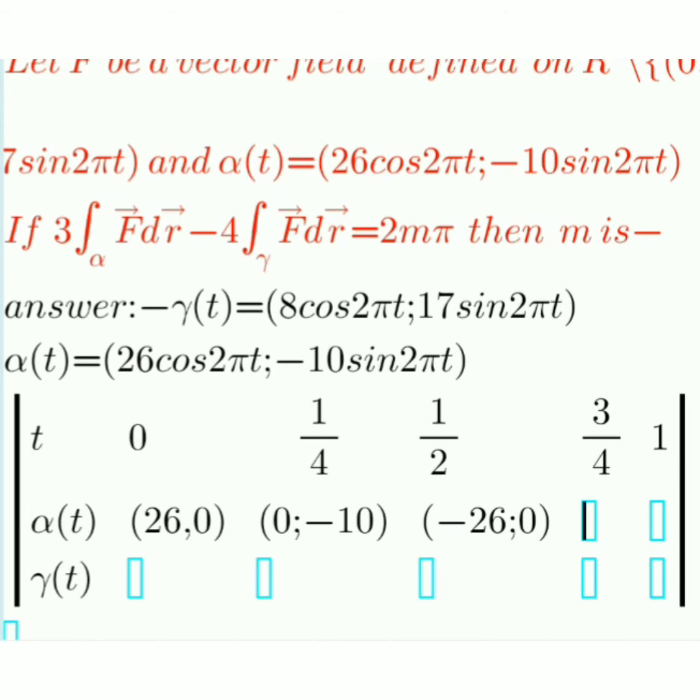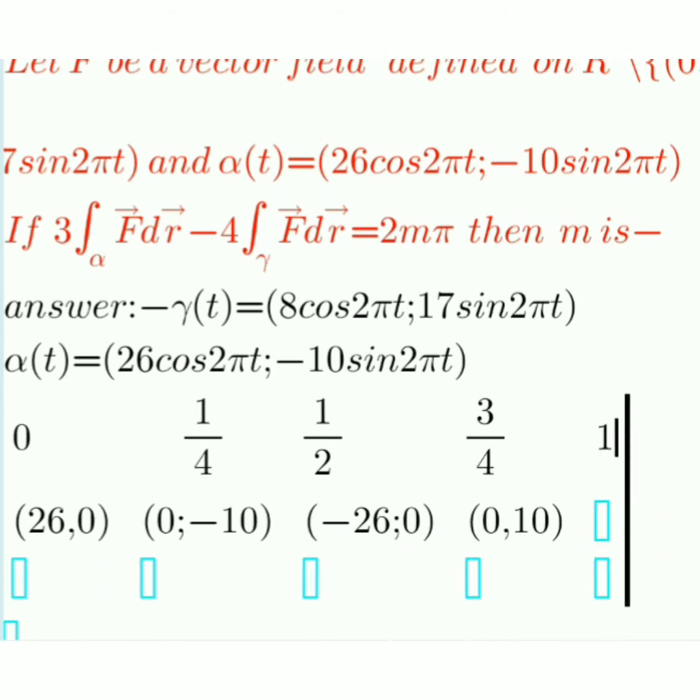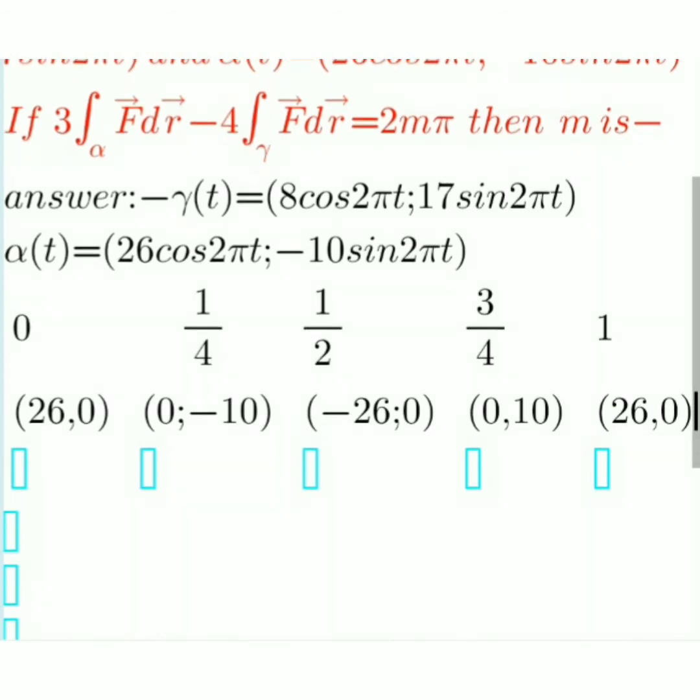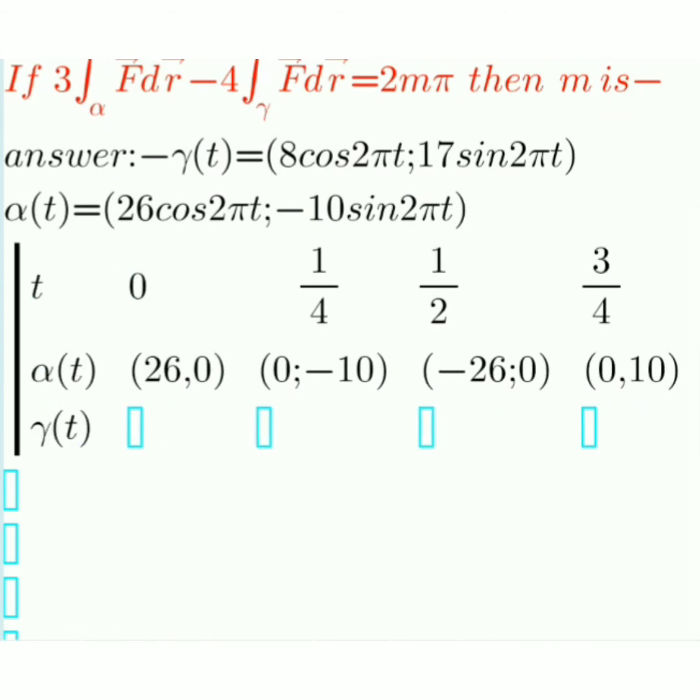When I put 3/4, I get (0, 10), and at the end (26, 0). So friends, this is my total chart of alpha(t).